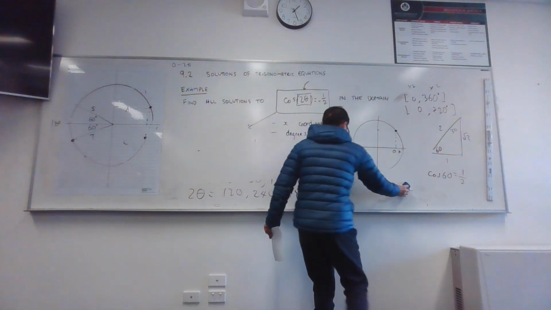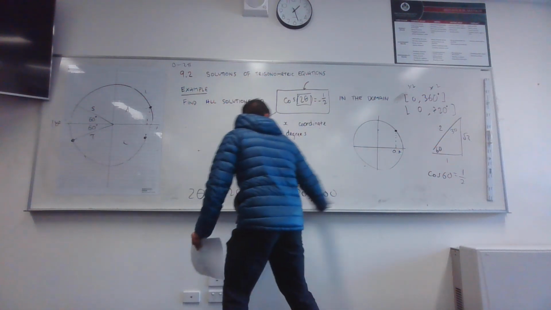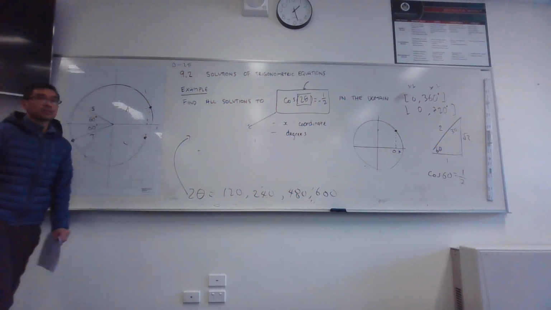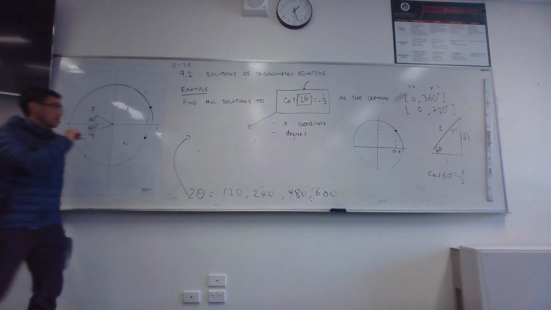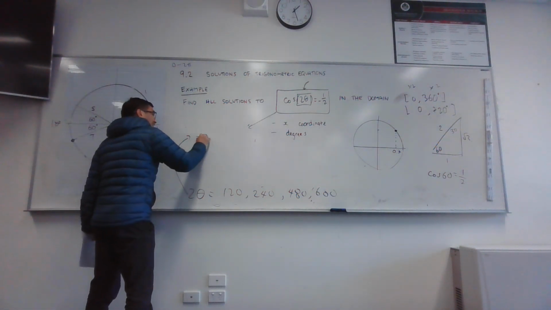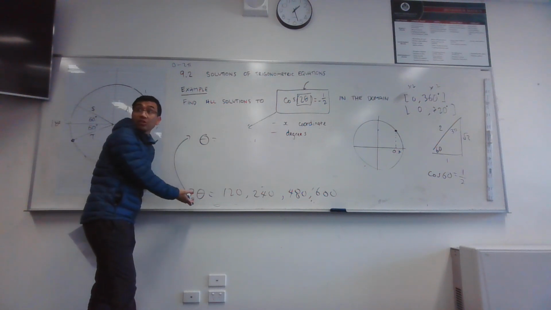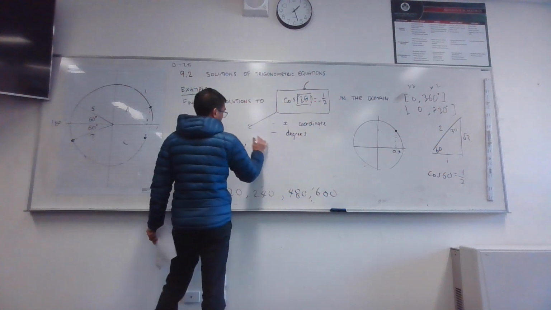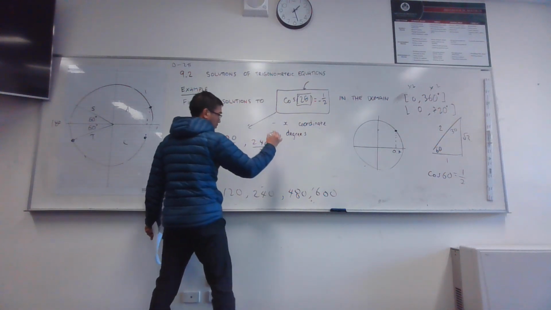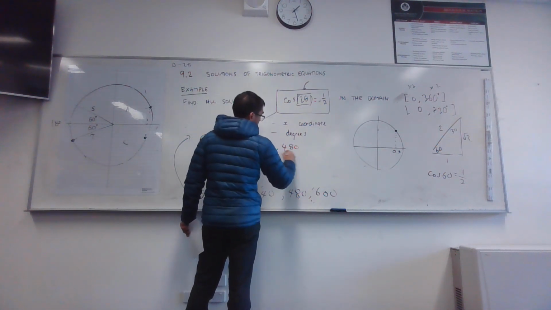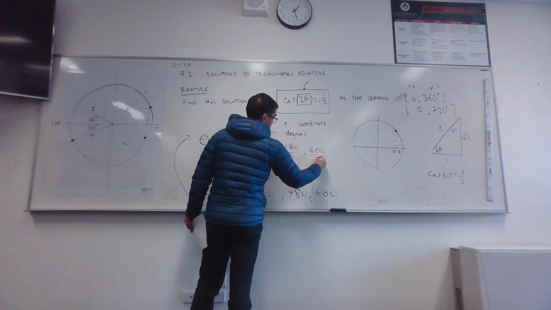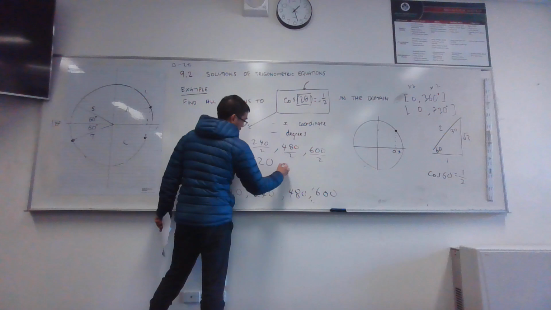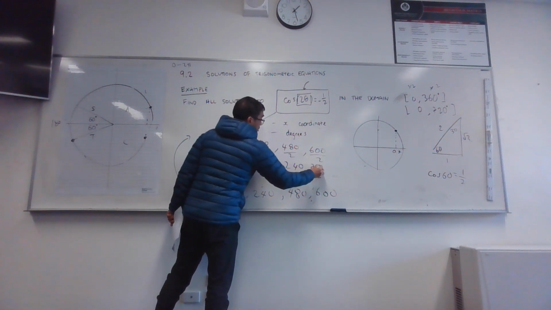I'm going to work backwards now. What do we do now? Excellent. So to get our actual angle, we divide it by 2. We're just backtracking. 120 divided by 2. 240 divided by 2. 480 divided by 2. And 600 divided by 2. And you already got the answers in your head. 60, 120, 240, and 300.